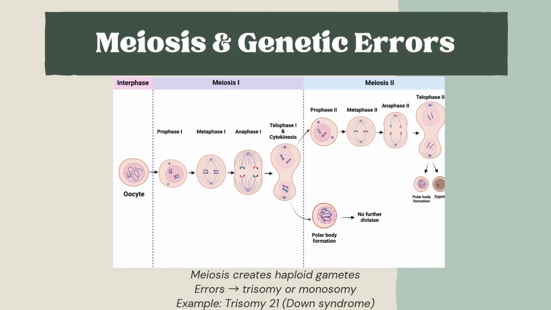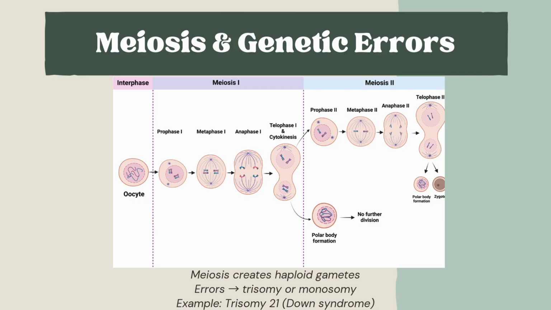The process that reduces chromosome numbers in gametes is known as meiosis. And while meiosis normally ensures correct chromosome distribution, errors can occur. When chromosomes fail to separate properly, the resulting gametes may carry too many or too few chromosomes.